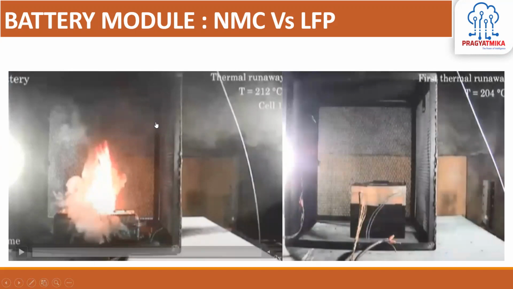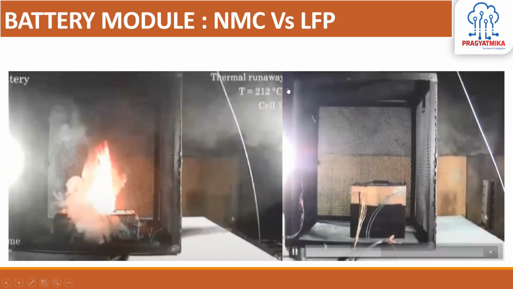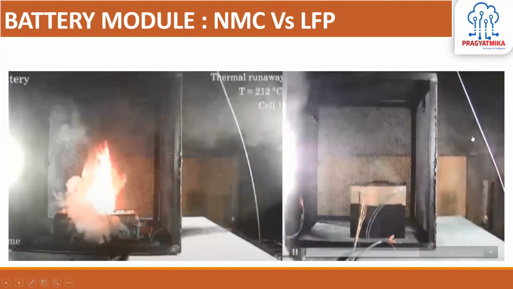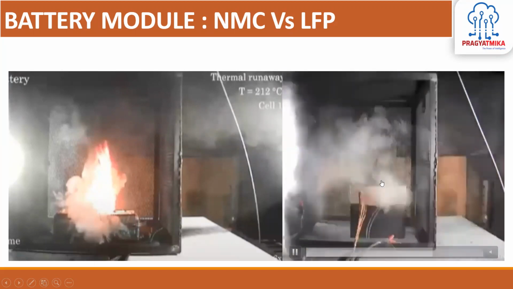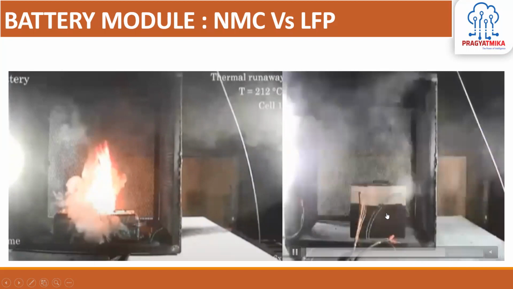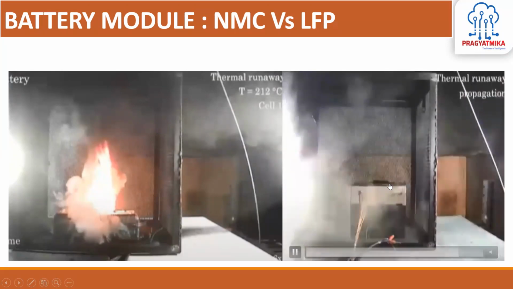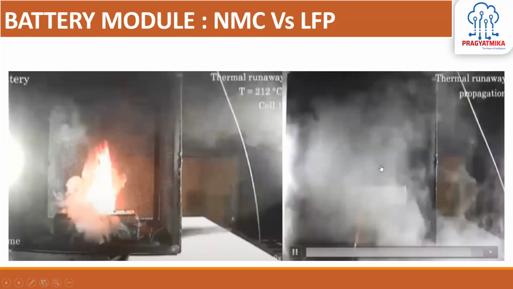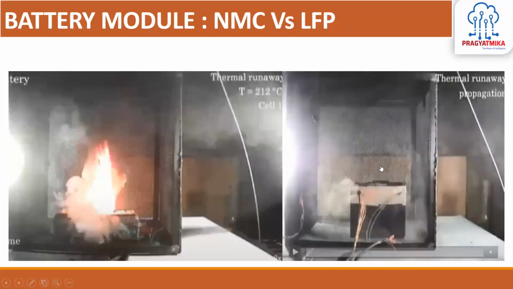This is the temperature of the thermal chamber. An IR camera was used. Around 212 degrees centigrade was there for the NMC, and at 204 degrees centigrade only, because enough thermal management was not used in this LFP pack, it just propagated, and at 204 degrees centigrade only, this LFP pack has burnt out.